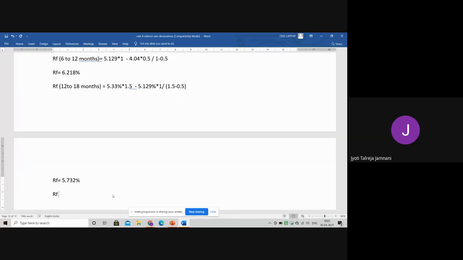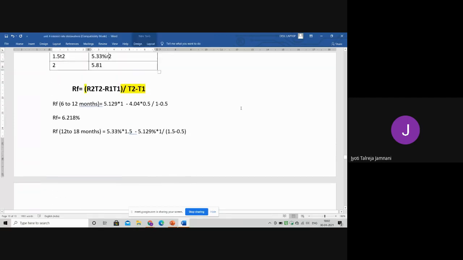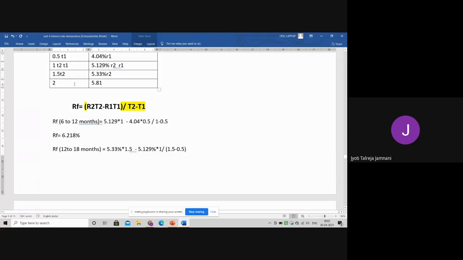Next we'll do RF for 18 to 24 months. Now the second year will become T2 and 1.5 years will become T1. Here it will become R2 and R1.